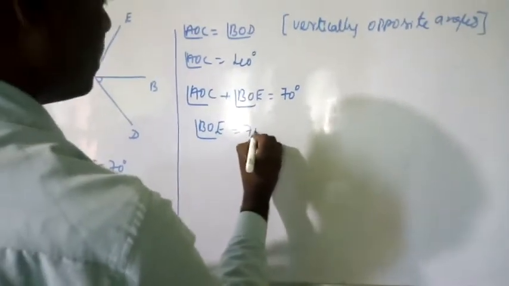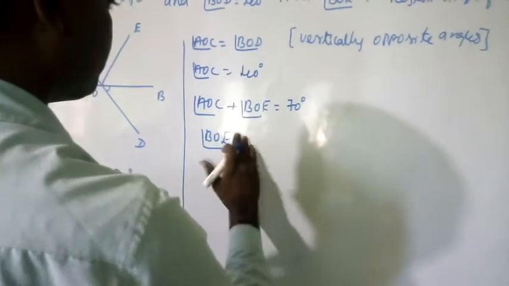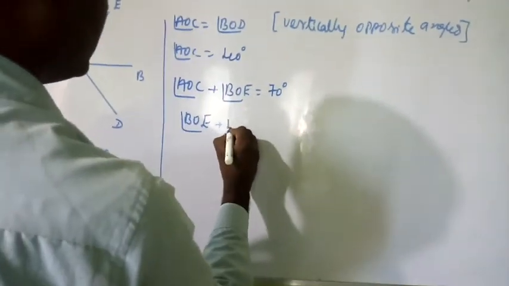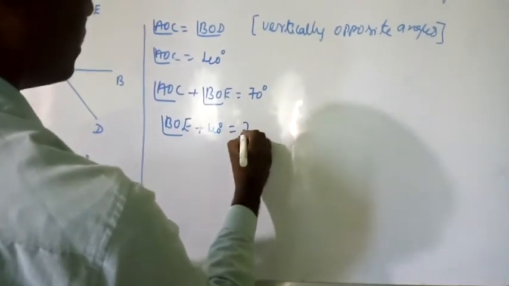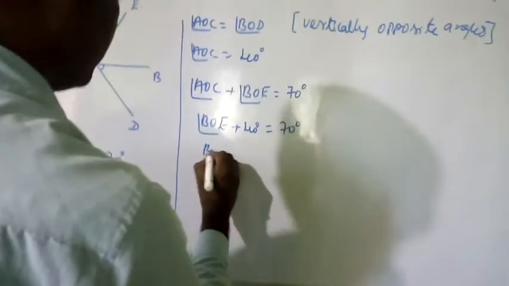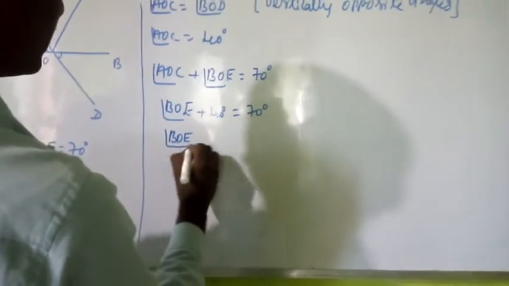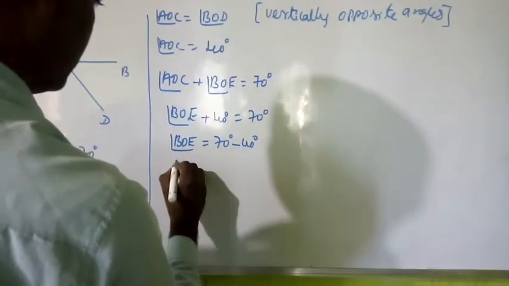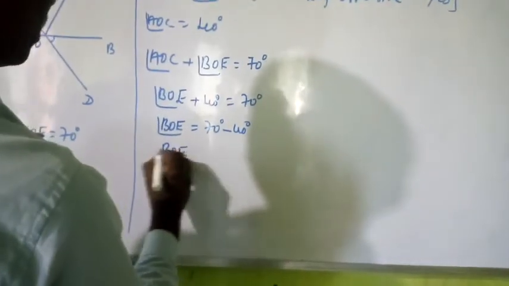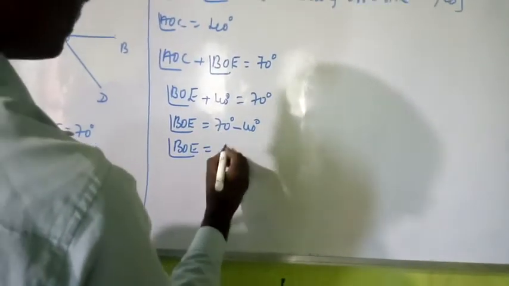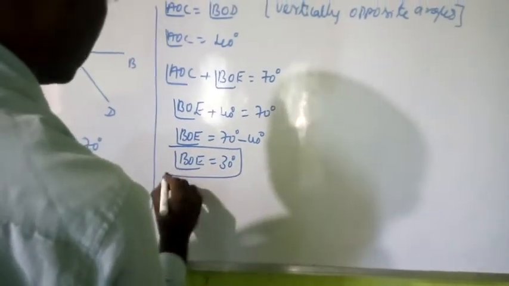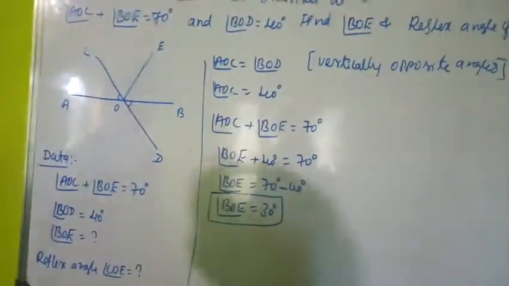BOE plus 40 degrees is equal to 70. Then angle BOE is equal to 70 degrees minus 40 degrees, which is 30 degrees. So you got your 30 degrees, right?